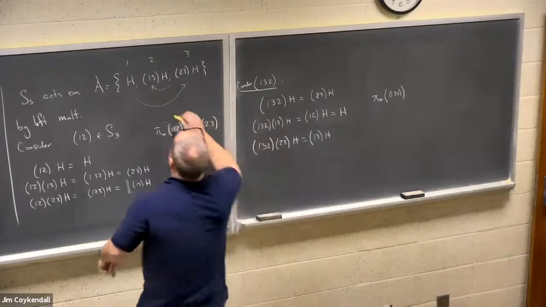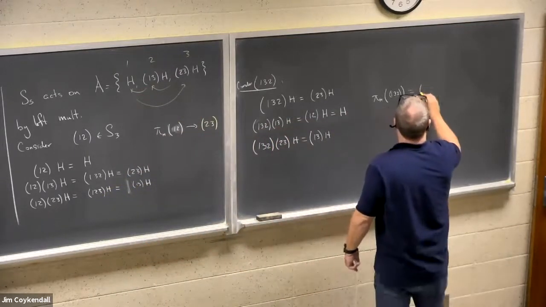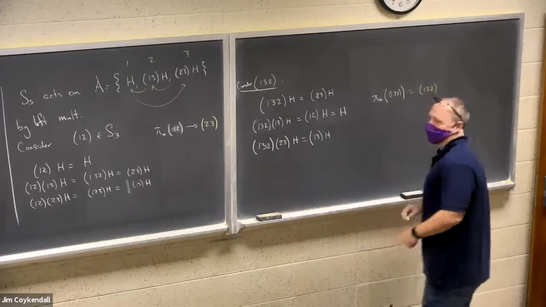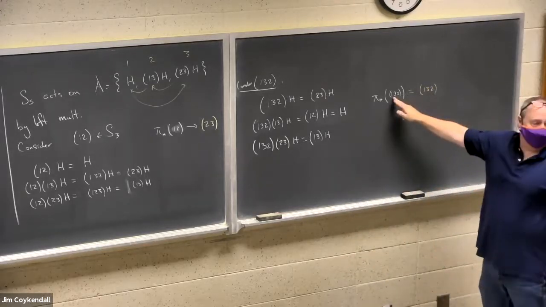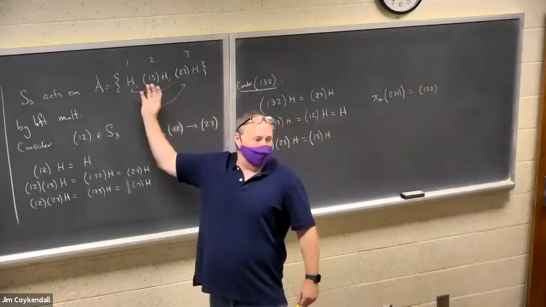Yeah, and it does. So this is 1 3 2. Notice these are permutations of the original letters, and these are permutations of the cosets the way I've listed them.